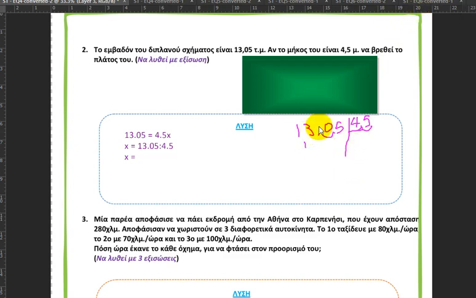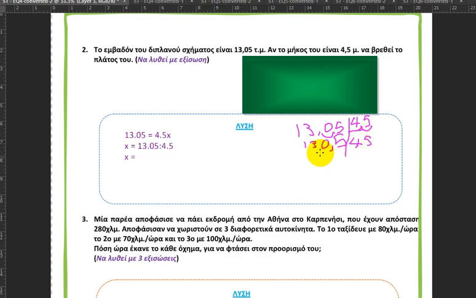I suspect that this was meant to be 13.5, but I'm not 100% sure. Because if it was 13.5, then this division would have given us exactly 3. But let's try out the division.